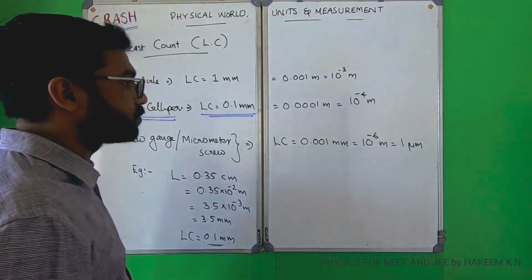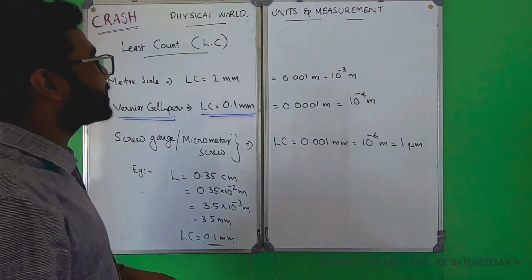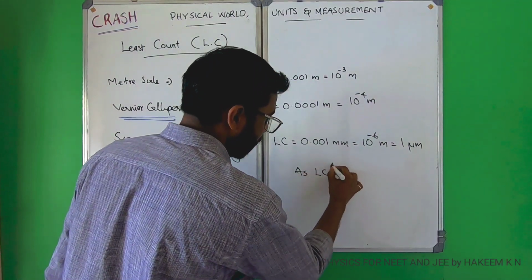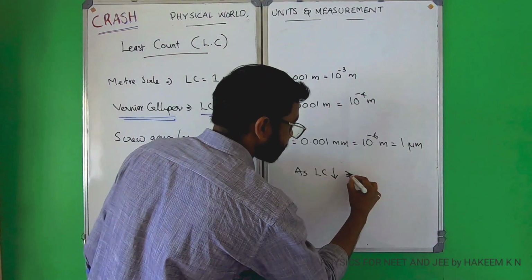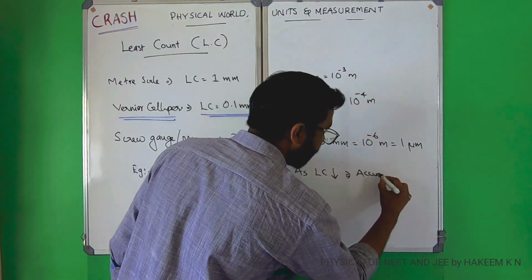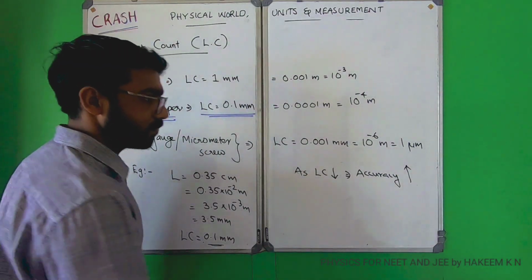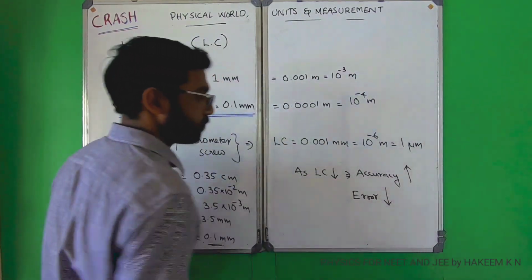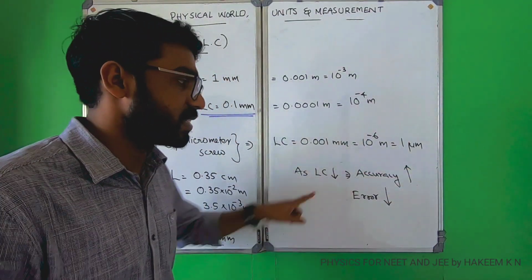As least count decreases, accuracy in measurement increases and error decreases.